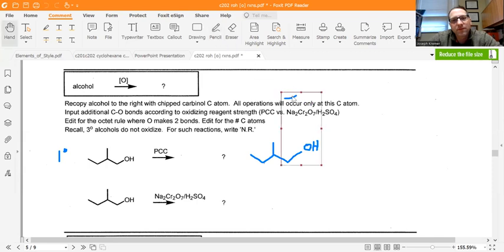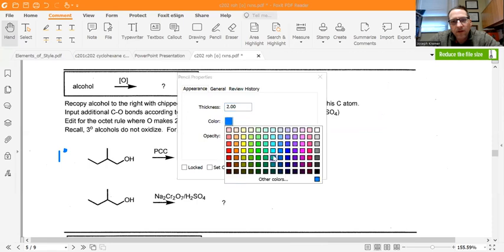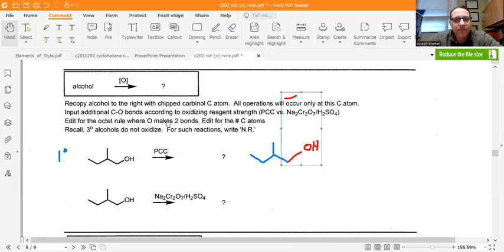Please bear with me. Now we're going to edit our structure. So PCC is the one-step reagent. One step, that means we're going to increase the number of carbon oxygen bonds by 1.